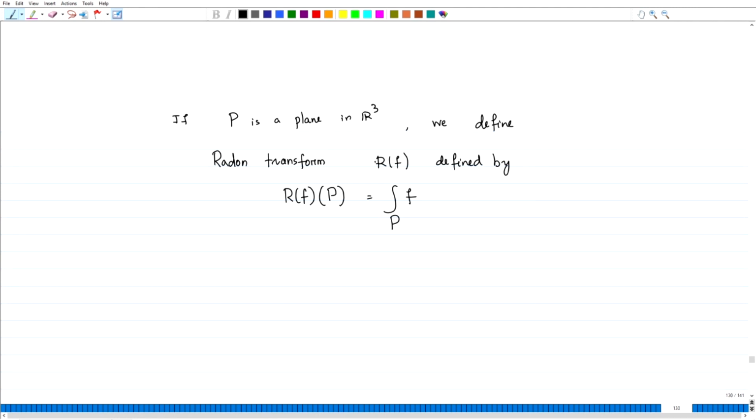Any plane is determined by a vector on the unit sphere, which gives the direction, and a distance from the origin.